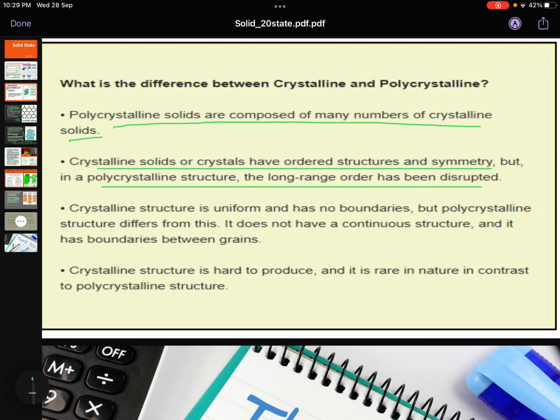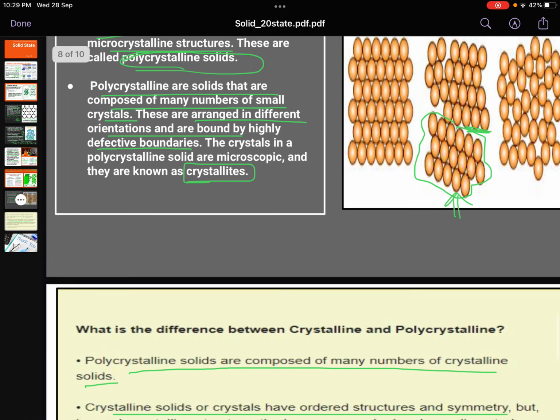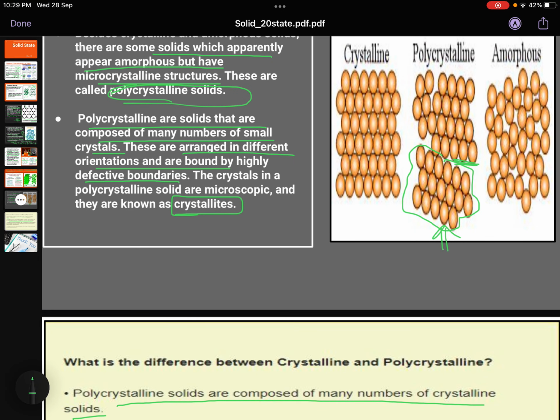The long range order is disrupted in the polycrystalline solids. You can see in the diagram, the particular arrangement is not followed in the complete 3D structure. There is a different arrangement in different parts of the whole crystal.